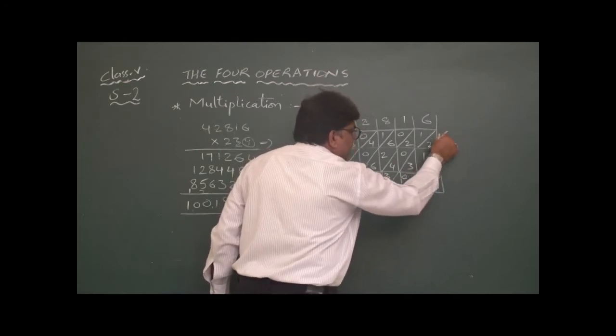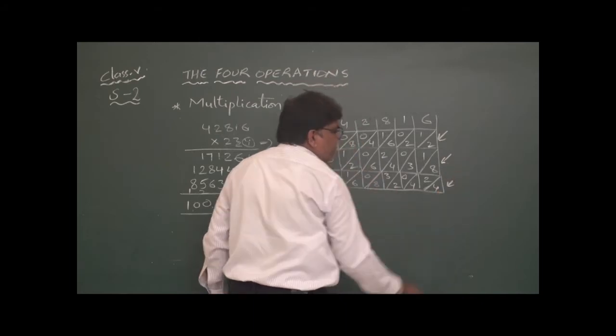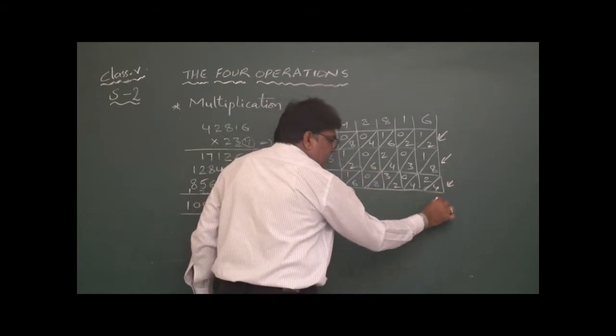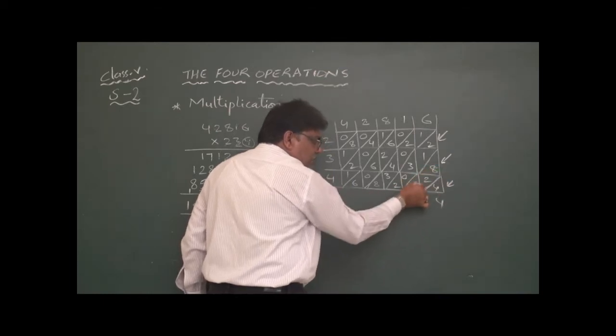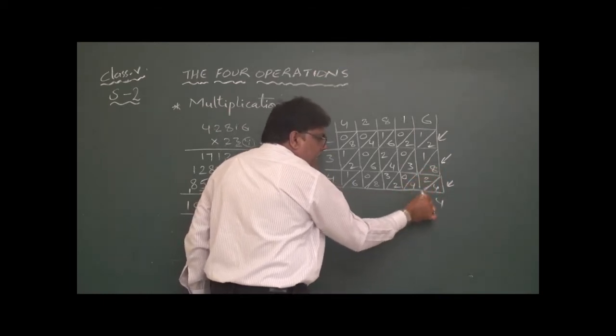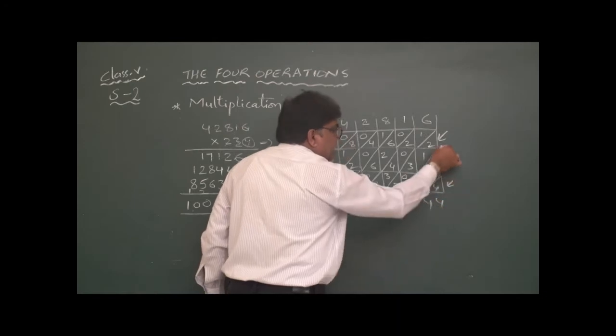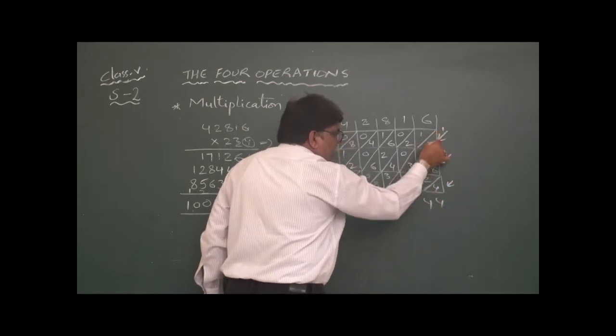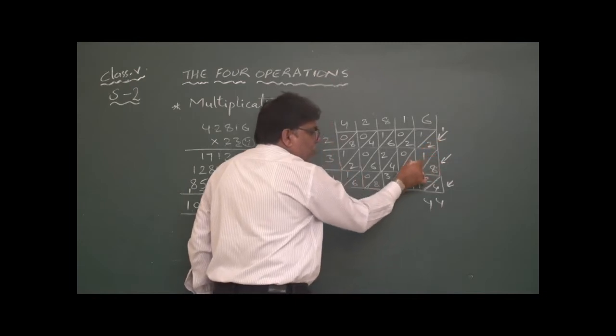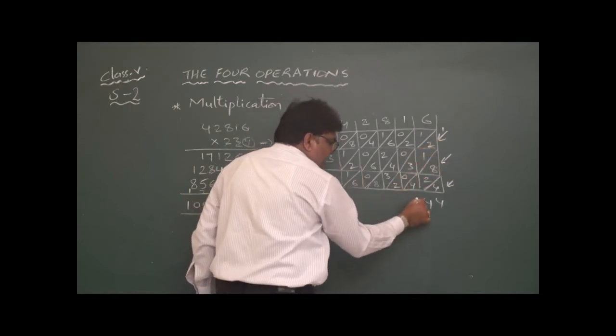Then again it is very important that we always go like this, crossing. The table should be kept first. Here you are getting 4, and the remaining column, add all the values. 8 plus 2 is 10, 10 plus 4 is 14, carry 1. Again here, 1 plus 2 is 3, 3 plus 1 is 4, plus 3 is 7, plus 2 is 9.